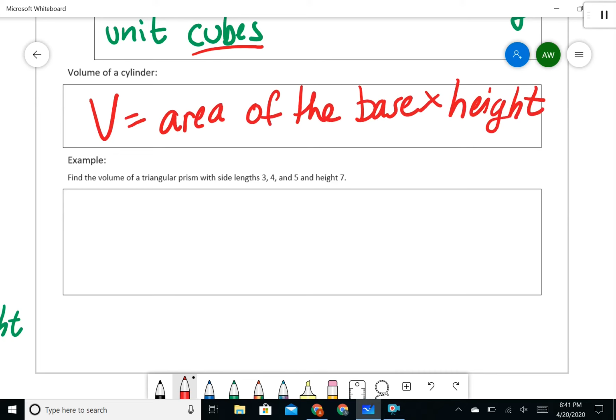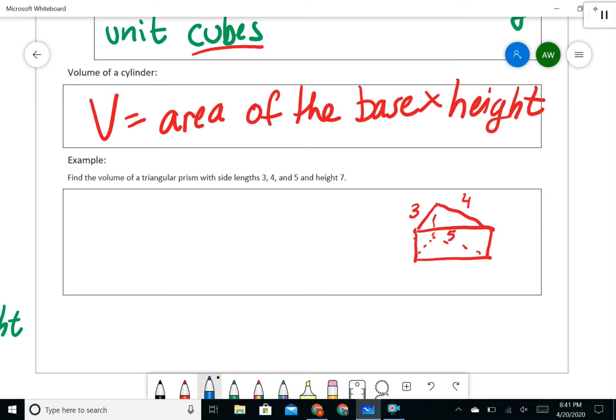What this example says is: find the volume of a triangular prism with side lengths 3, 4, and 5 and height 7. So what if I have this triangle, this is the prism I have, and my triangles on the top and the bottom, my bases, are 3, 4, and 5.